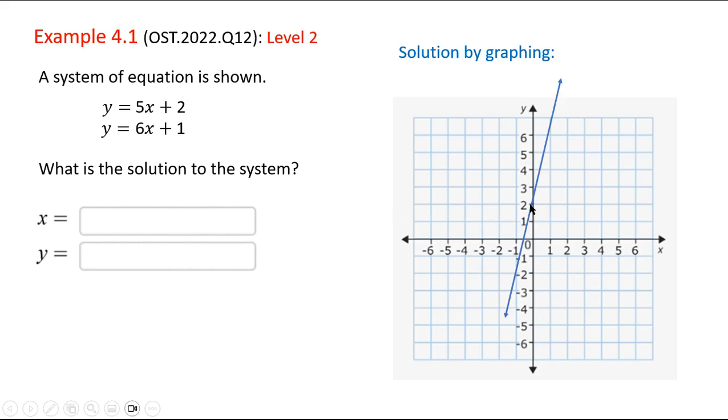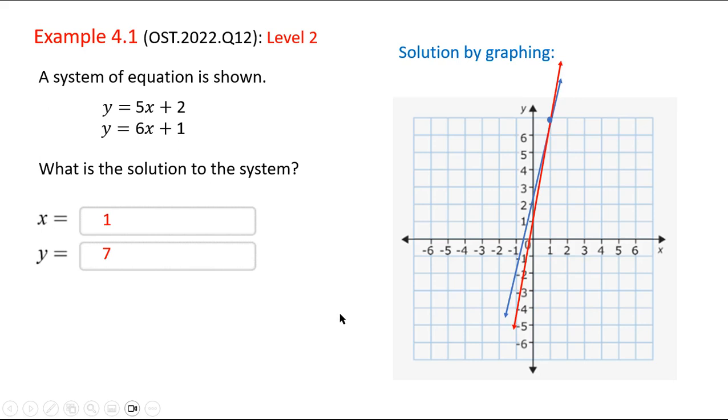So if you go from here, 1, 2, 3, 4, 5, that's 5 over 1. The second one, the y-intercept is 1, so it starts from here. And again, the slope is 6, which is 6 over 1. Let's go from here, 1, 2, 3, 4, 5, 6. So you see how they are intersecting in this point. So that's your solution, 1, 7.